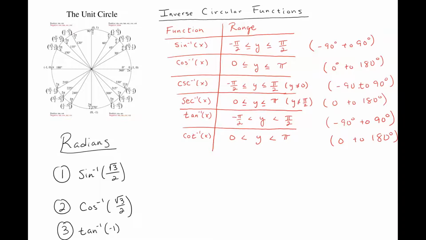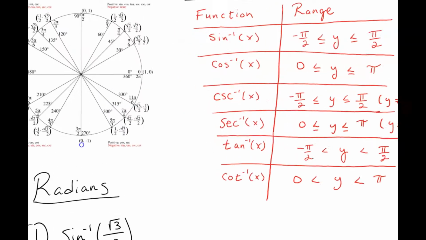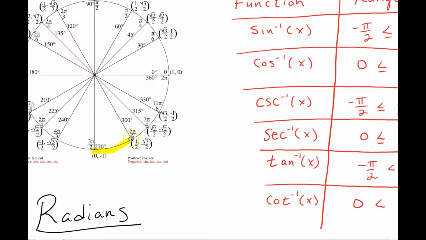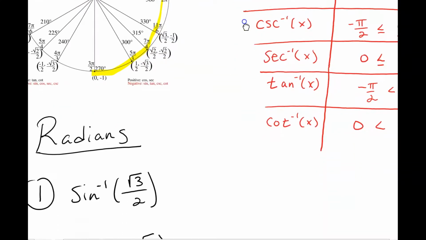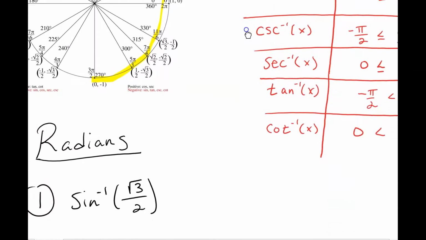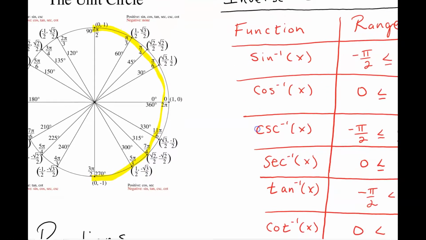All right, so let's go ahead and take a look at sine inverse of the square root of 3/2. So we know that it's going to be somewhere between -pi/2 and pi/2, which means that it's from -90 to 90 degrees. So we're only looking here at quadrant 1 and 4. We're going to identify where is the y value, the square root of 3/2.